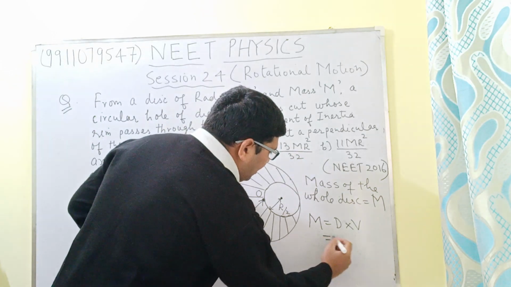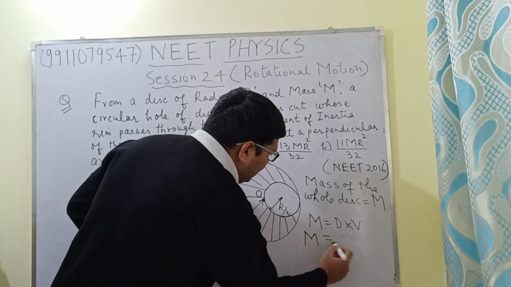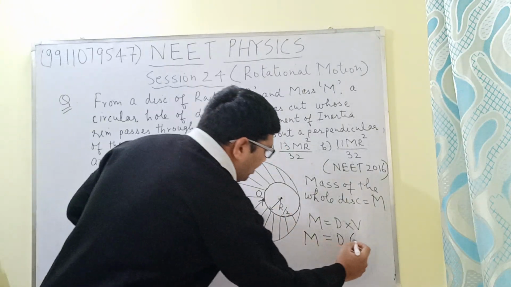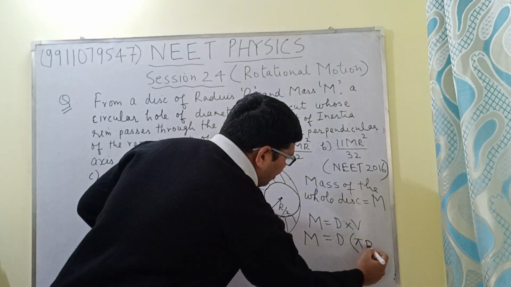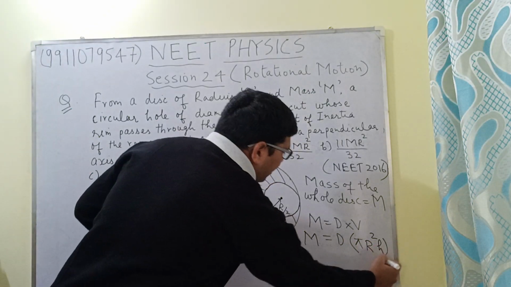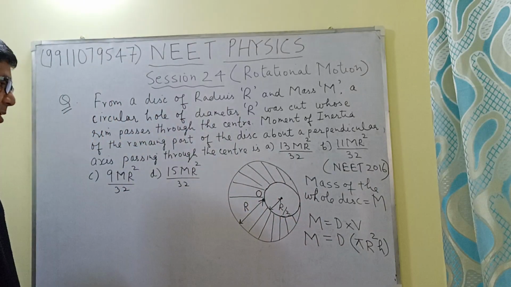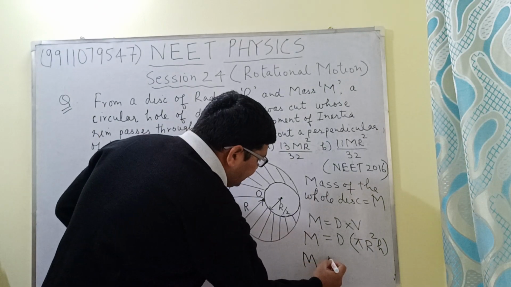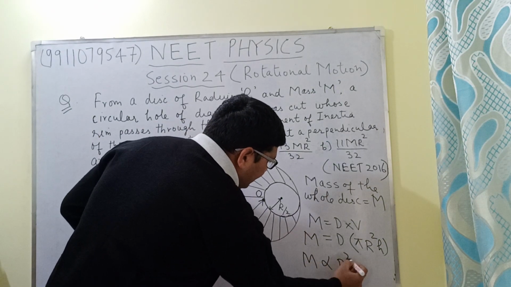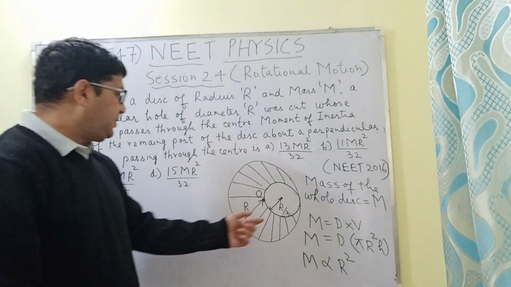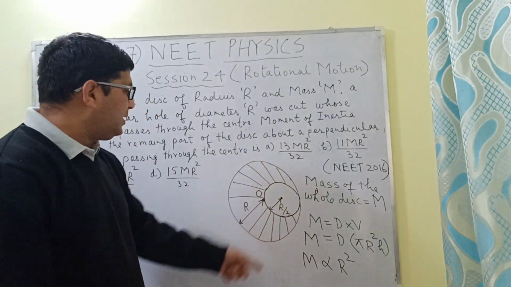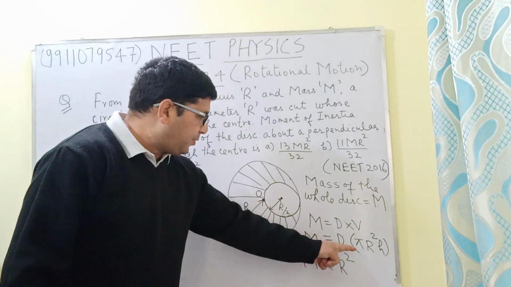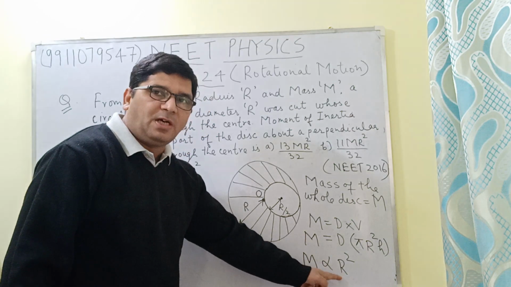The volume of the disc is pi r square h, where r is the radius and h is the thickness of the disc. Since the thickness and the density are the same for both discs, the mass is directly proportional to r square.